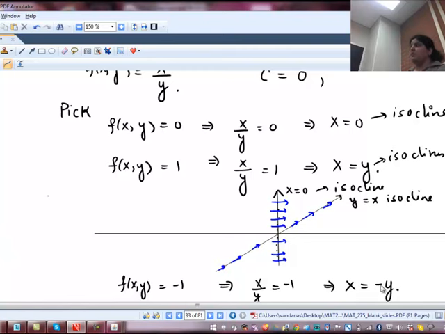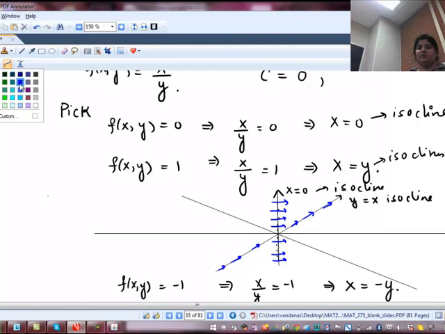So now this one, x equals negative y, will be this line. And all those points on this line will have slope -1. Okay, so let's just draw them. They will also have -1 slope.